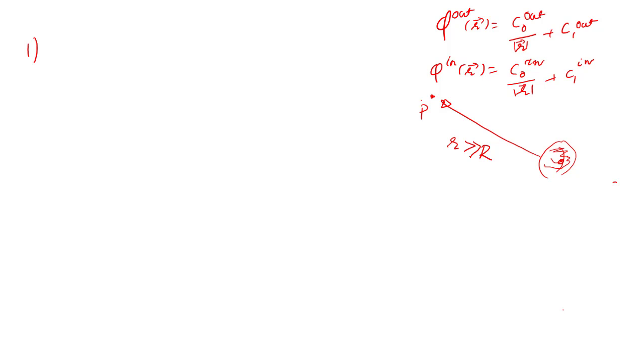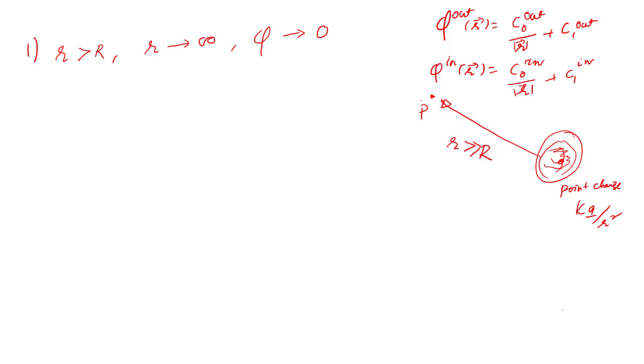Then the sphere would look like a point charge from that distance, so its field would simply go down as kq by r square. We know that as you go farther and farther, the electric field should become weaker and weaker. So in the region r greater than R, as r goes to infinity, we need phi to go to 0.